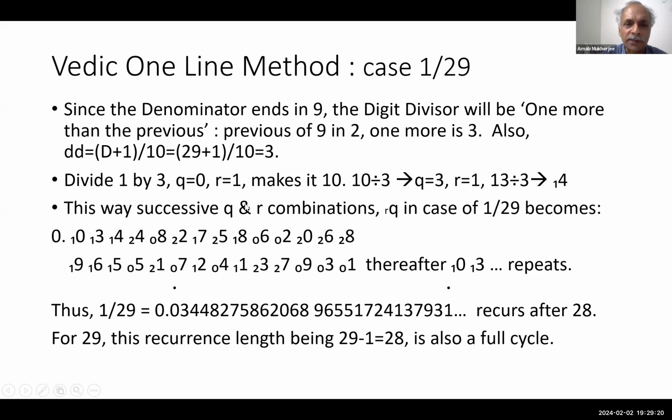So I repeat this way, in a similar format. 1 divided by 3. How much quotient and how much remainder? 1 is less than 3, so the quotient will always be 0, and 1 will be the remainder. Then 10 when divided by 3 becomes 3 quotient and 1 remainder. 13 again divided by 3, 4 quotient, 1 remainder.